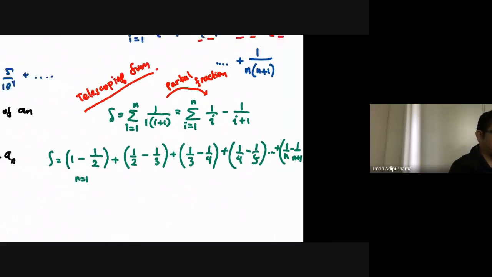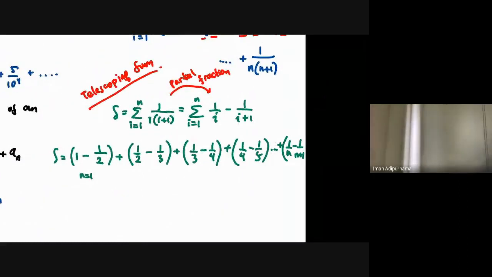Okay, now the idea for telescoping sum is you see the numbers here, half and 1/3, 1/4, and you will see all the numbers here, and if you add them, you will cancel this, right? This method is called telescoping sum.